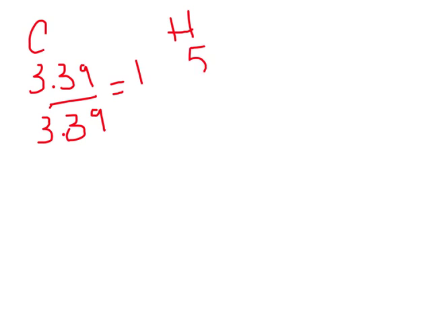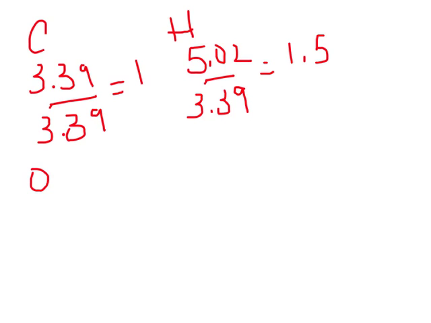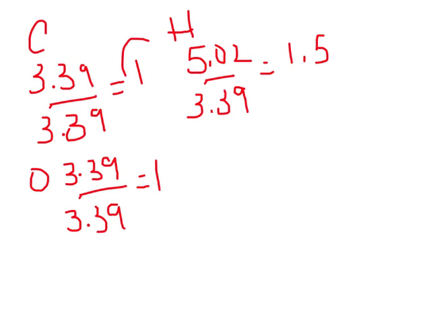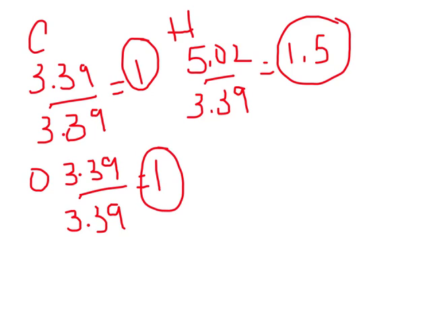Hydrogen, I'm going to take 5.02 and divide it by 3.39, and I get a decimal, 1.5. And for oxygen, I get 3.39 divided by 3.39, which equals 1. So my three subscripts are 1, 1.5, and 1.